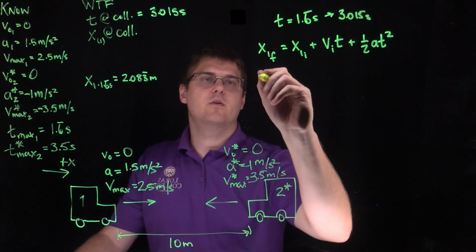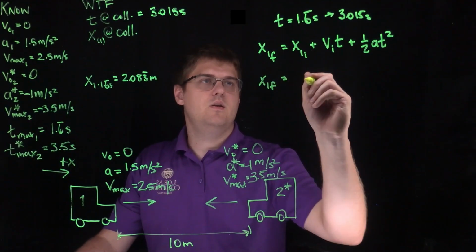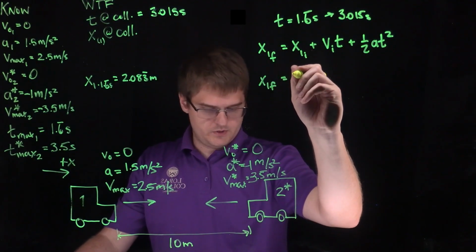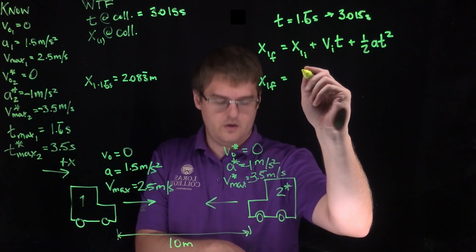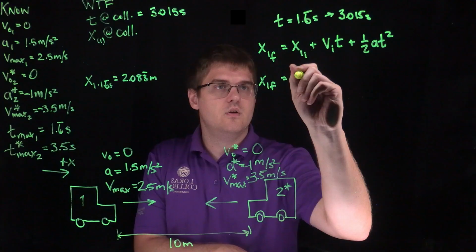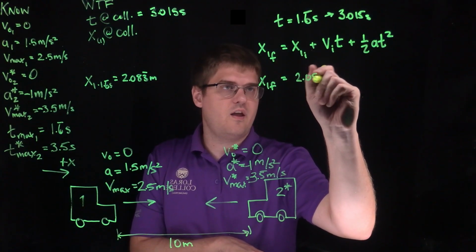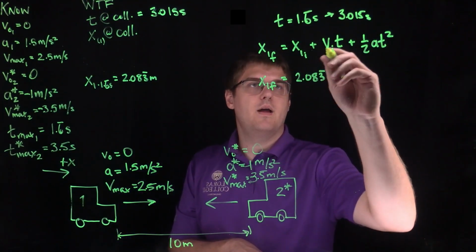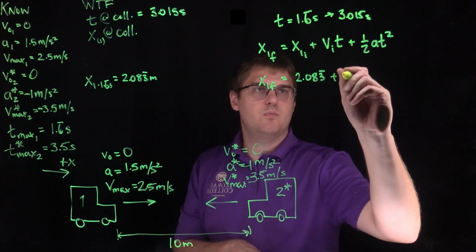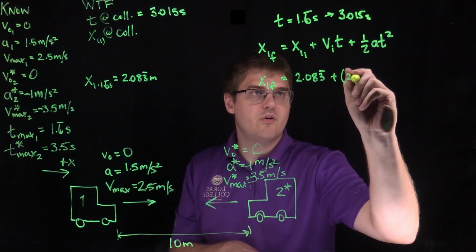So what it comes out to is x1 final is going to be equal to my initial position at the 1.6 seconds, which is 2.083 repeated. My velocity at this point is going to be equal to 2.5.